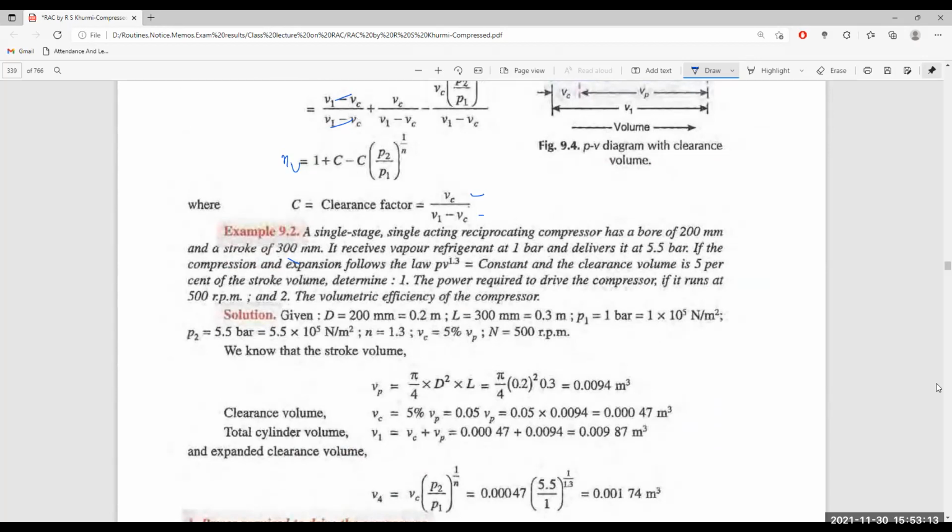The compression and expansion follow the law PV to the power n equals constant, where n is equal to 1.3. The clearance volume is 5% of the stroke volume. Find, one, the power required to drive the compressor if it runs at 500 RPM, and two, the volumetric efficiency of the compressor.